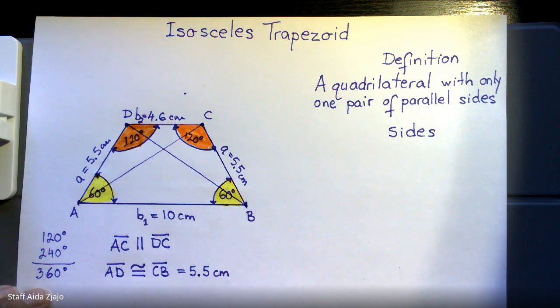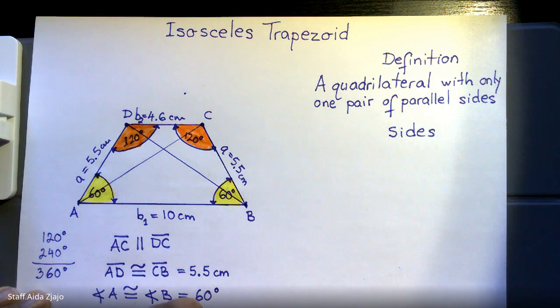We can say that angle A is congruent to angle B, and that both are equal to 60 degrees.